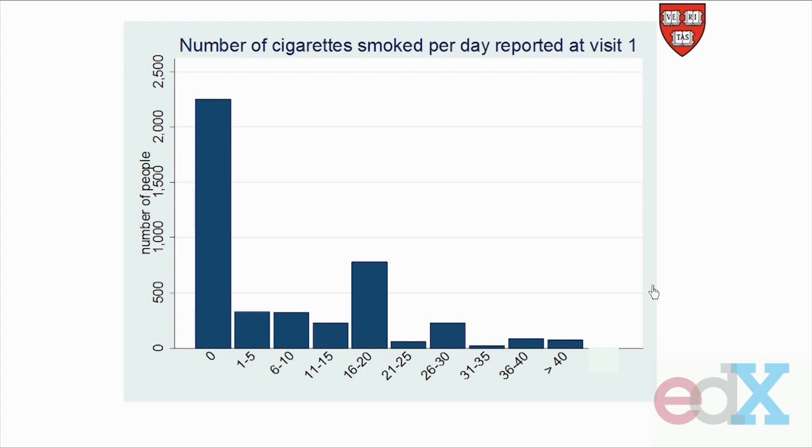It's not very easy to do, and I dare say it wouldn't be very informative even if you could do it. But an interesting thing is, why is this so big? This one we know because there's just a bunch of people that don't smoke. But what about the second one here?